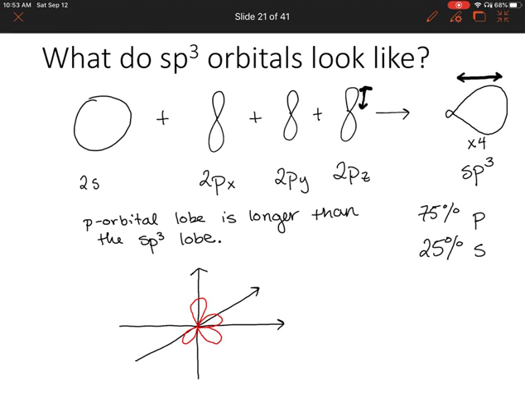It looks like a little octopus almost. So those are our sp3 hybrid orbitals that are all combined. So imagine that that's a carbon in the middle.